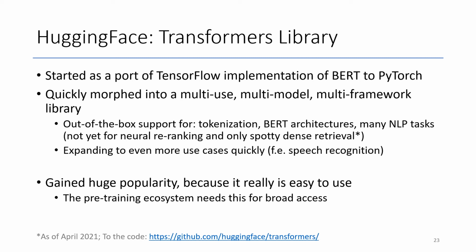Similar to the transformer model, the HuggingFace library gained huge popularity, and in my opinion, it is because it really is easy to use, and the pre-training ecosystem needs this for broad access to all those pre-trained and trained models.